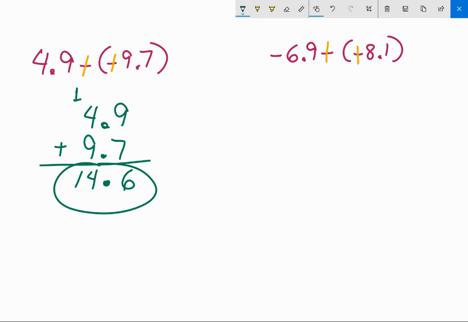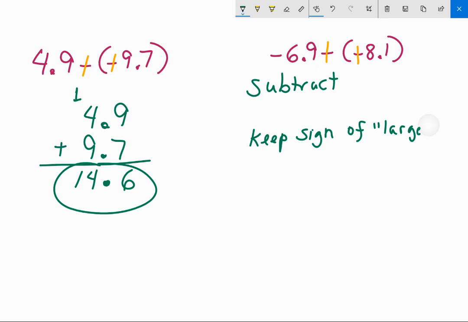So whenever you have a negative and a positive added together, you subtract and keep the sign of the larger absolute value. I'm just going to put the larger number in parentheses. So we're going to take 8.1 minus 6.9.